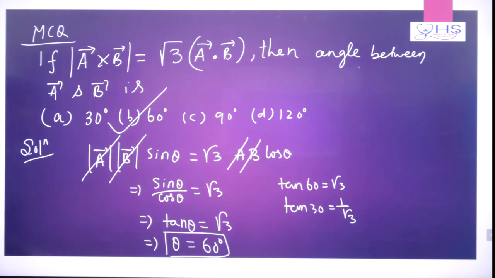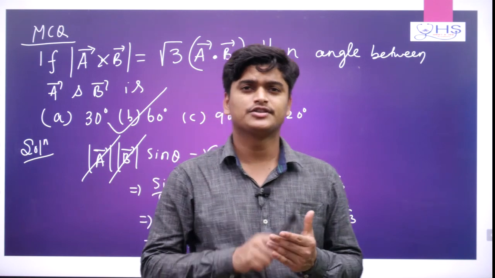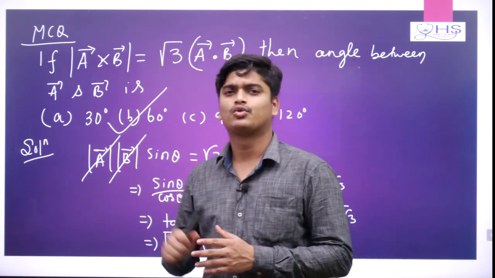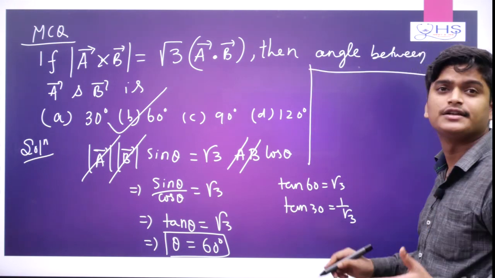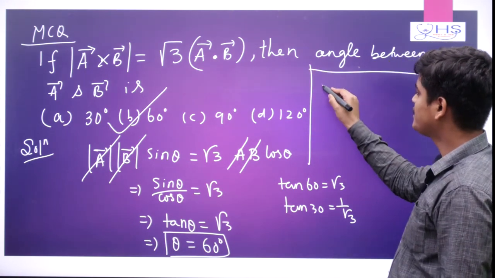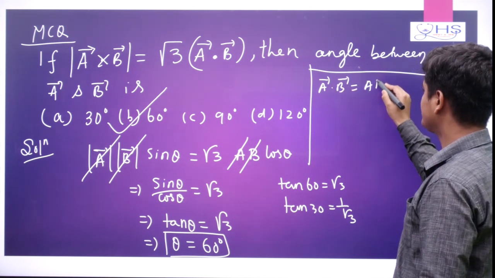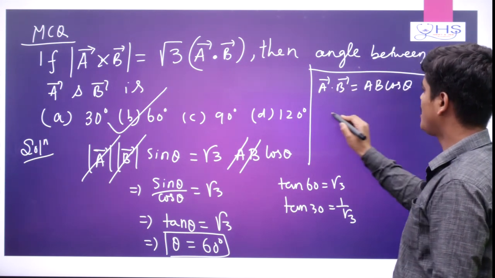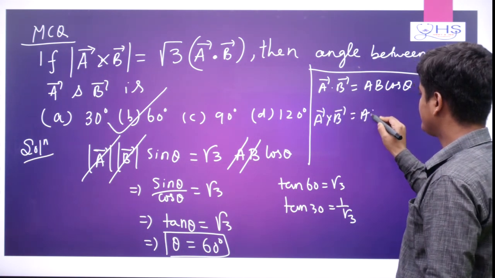So you must remember about vectors: addition, subtraction and multiplication. So we completed up to multiplication, and more problems on multiplication will be solved in the further classes. And remember, today's main important point is A dot B is AB cos theta, and A cross B is AB sin theta n cap.